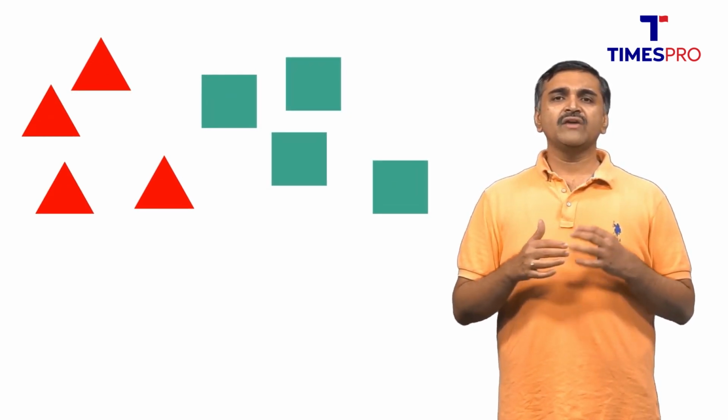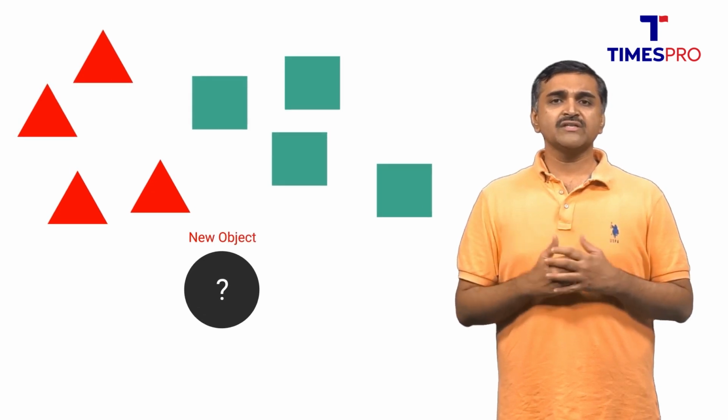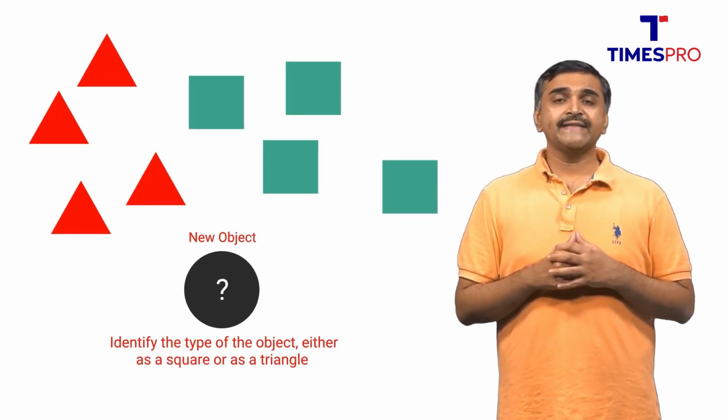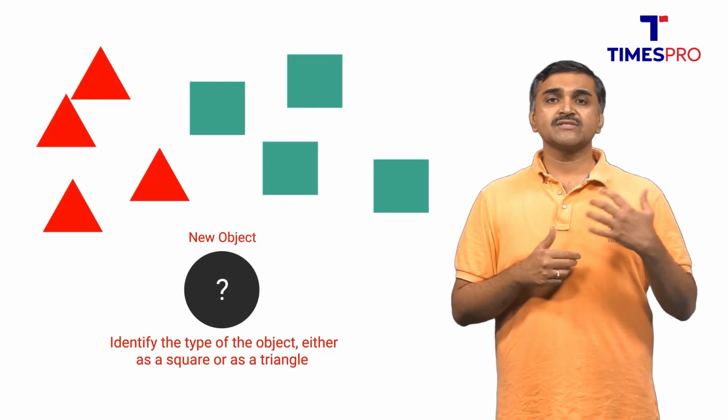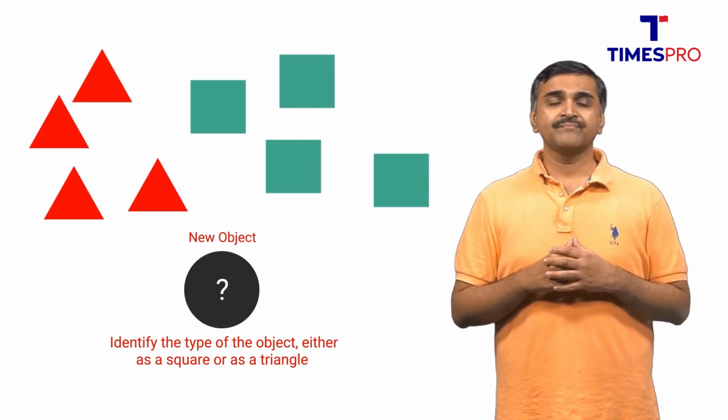Now suppose we have some objects like squares and triangles, and we have a new object for which we need to identify the type of the object either as a square or as a triangle.